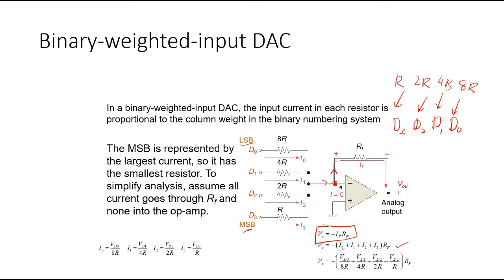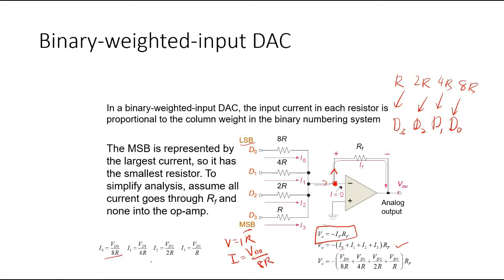And then for I0, we use V equal to IR. V is the voltage at D0. So our I is VD0, for example, divided by the resistor equal to 8R here.